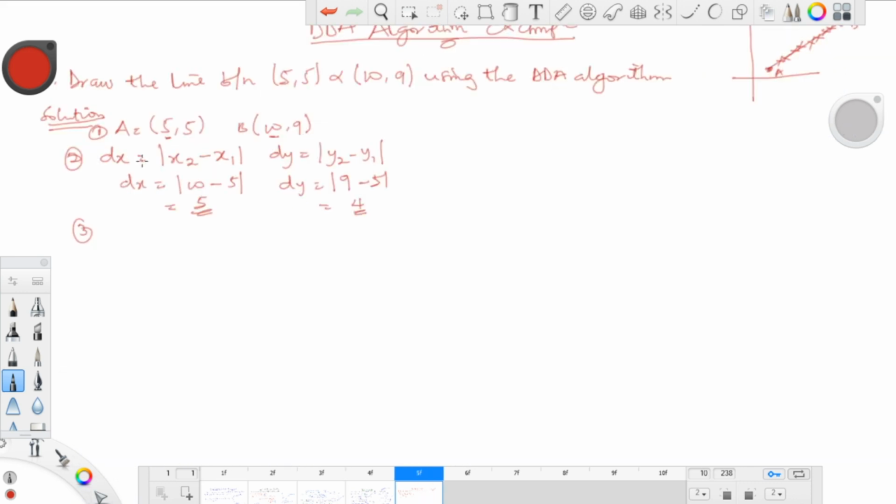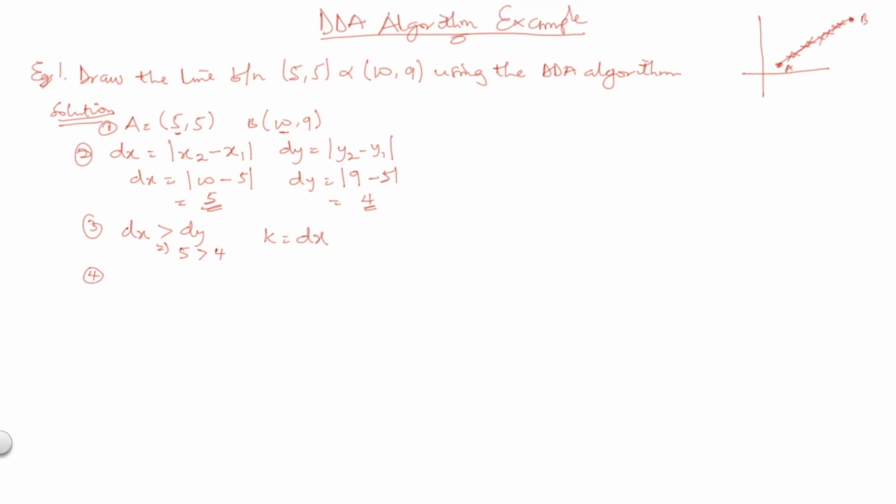So let's find out from step 3: dx, of course, is greater than dy, because dx is 5, which is greater than dy, which is 4. So k is equal to dx, which is 5.